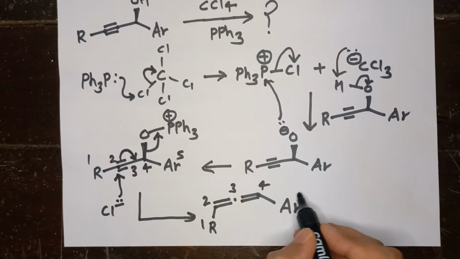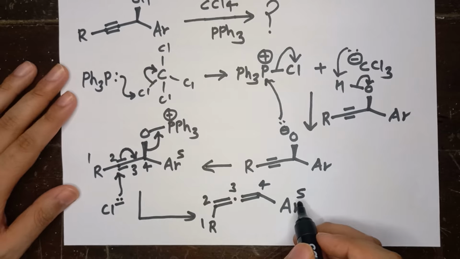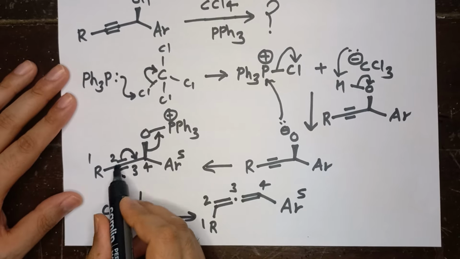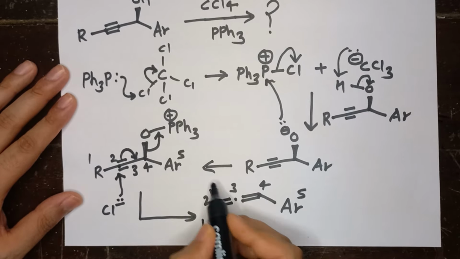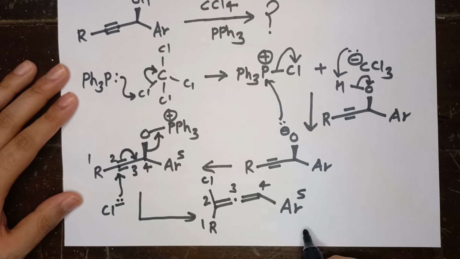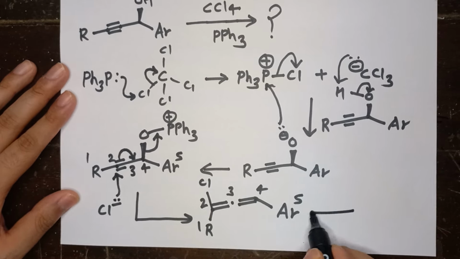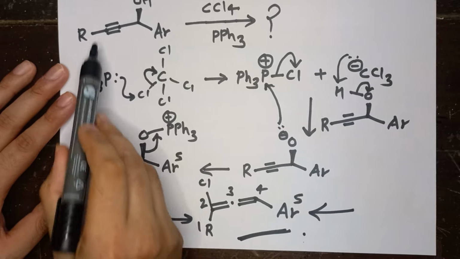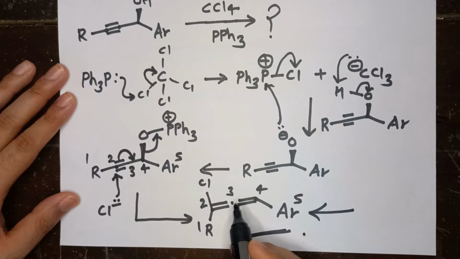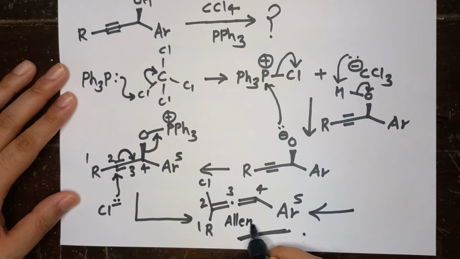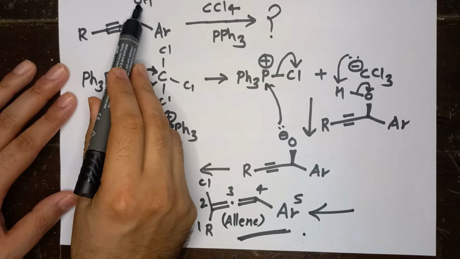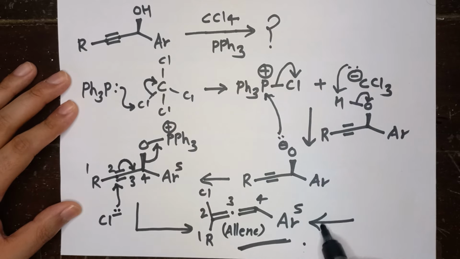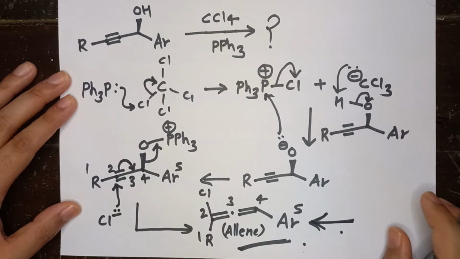And Cl is present at the 2 position. So let's keep Cl here. Correct? So this is the product for this reaction, where you convert an alkyne into an allene, and you also remove this OH group. So this was an interesting question.